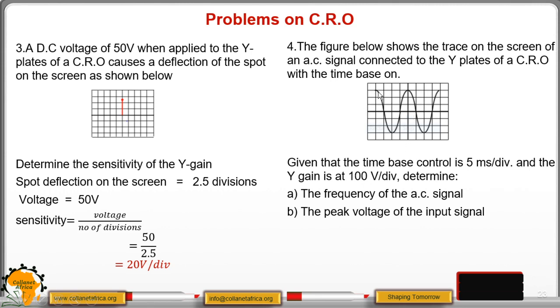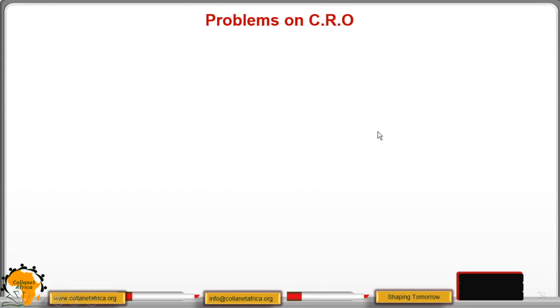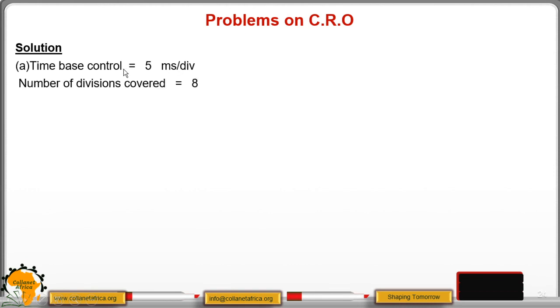So in other words, we are supposed to get the peak voltage and also the frequency. As you can see, you can get the number of cycles, and from the number of cycles you can get the number of divisions covered or traced by our cycle. So we proceed as follows. 1, the time base is 5 milliseconds per division, and the number of divisions covered is 8.